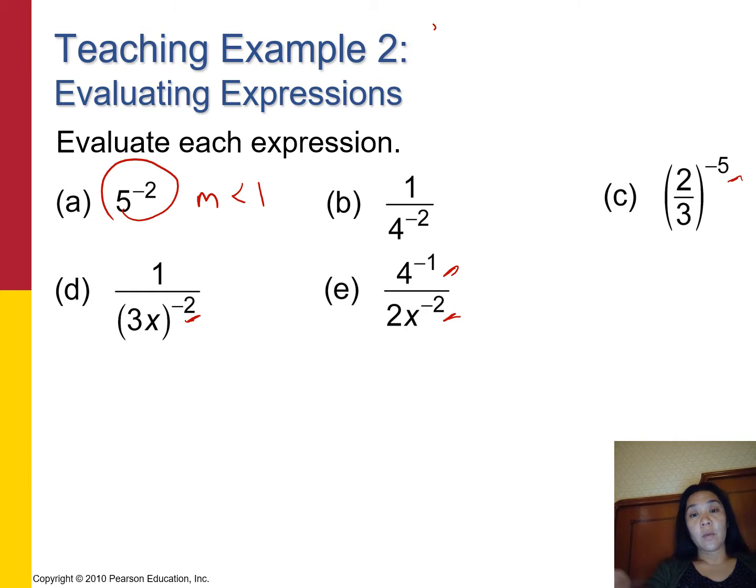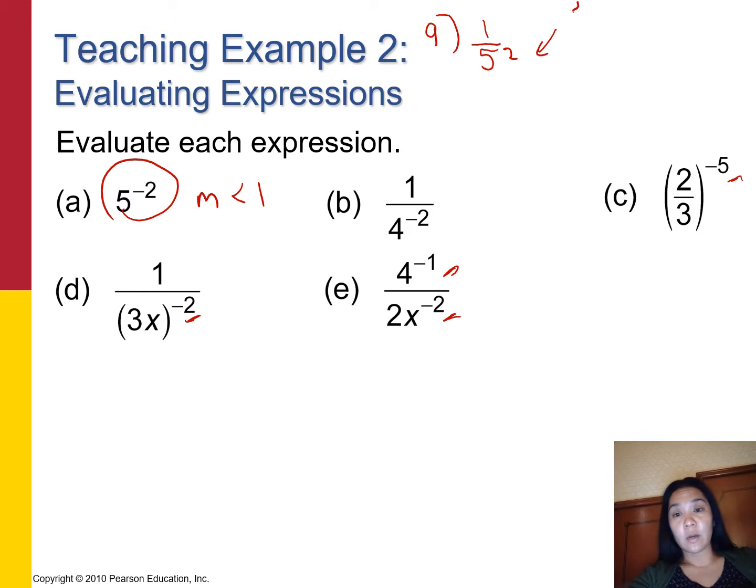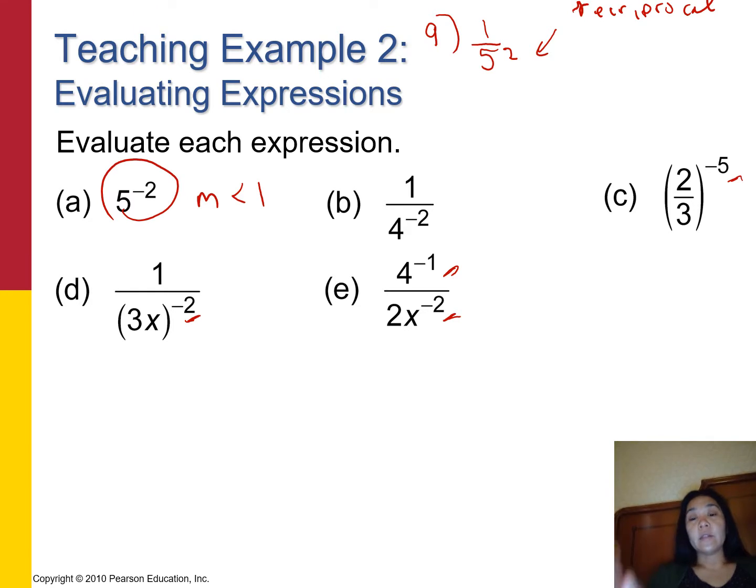So we're going to do A up here. And so this is like saying 1 over 5 to the positive 2, just like this. Okay, if you have a negative exponent, you can flip it down and get the reciprocal, right? And so this is what 5 to the negative 2 really looks like, 1 over 5 squared.